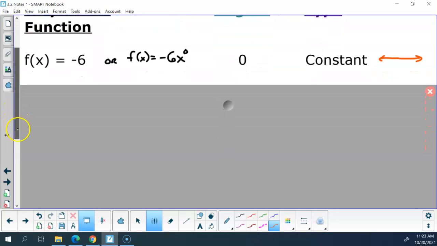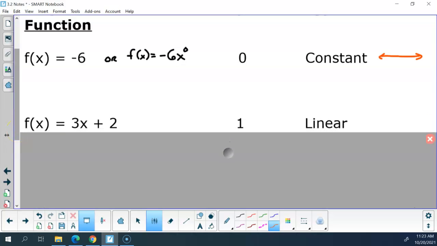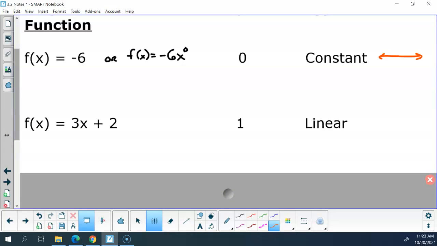The next one should be one that you're very familiar with at this point in time, and that is a linear function. A linear function has a degree of 1, and it forms a skew line, meaning it's not vertical or horizontal.